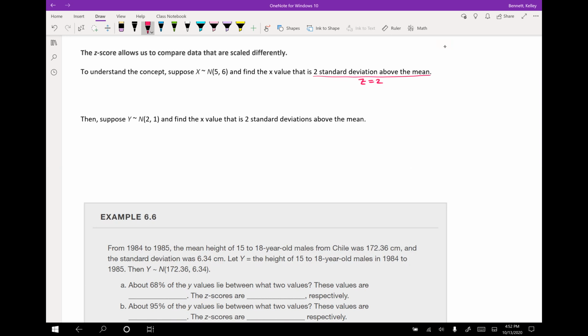Suppose that y follows a normal distribution with mean 2 and standard deviation 1. Find the x value that is 2 standard deviations above the mean. This means the same thing. Z is 2, positive 2, right? So what we're going to get is that 2 equals, find the x value.